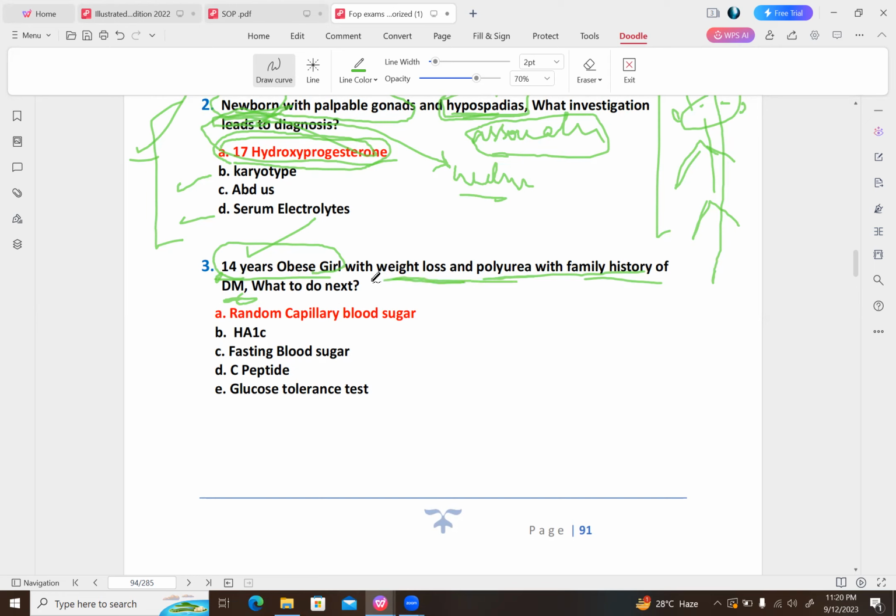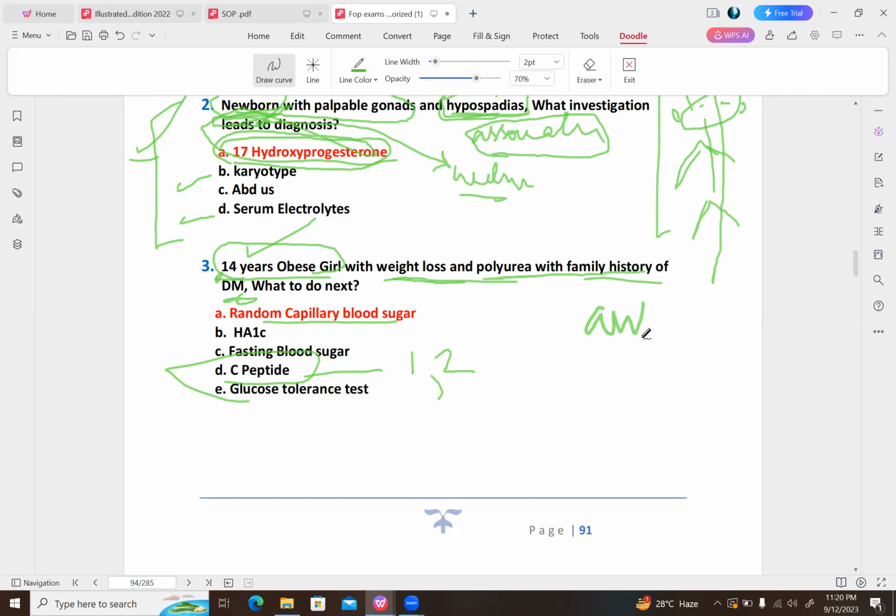So first you need to diagnose whether it is diabetes or not. The first thing you do is the random blood glucose, and the next thing you do is the C-peptide to differentiate type 1 and type 2 diabetes mellitus.